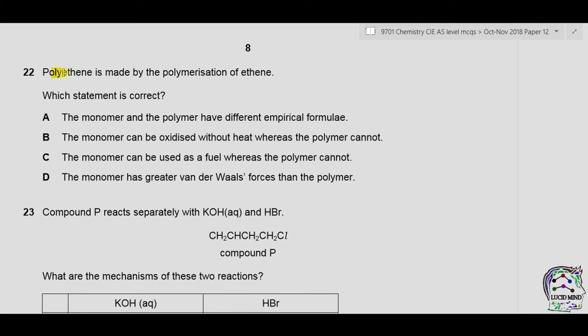Question 22. Polyethene is made by polymerization of ethene. Which statement is correct? In ethene we have 2 carbon atoms and 4 hydrogen atoms. In polyethene we have this repeat unit that is present.